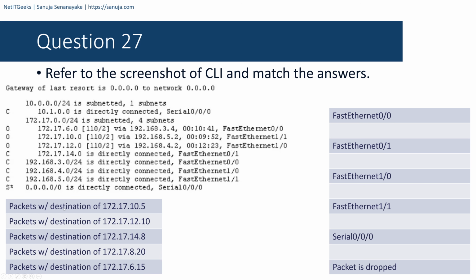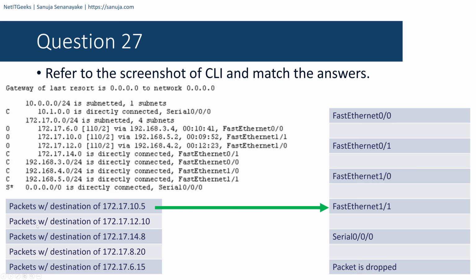So if the destination of the packet is 172.17.10.5, it matches this network, so it has to be FastEthernet 1.1. So the answer to that should go with FastEthernet 1.1.